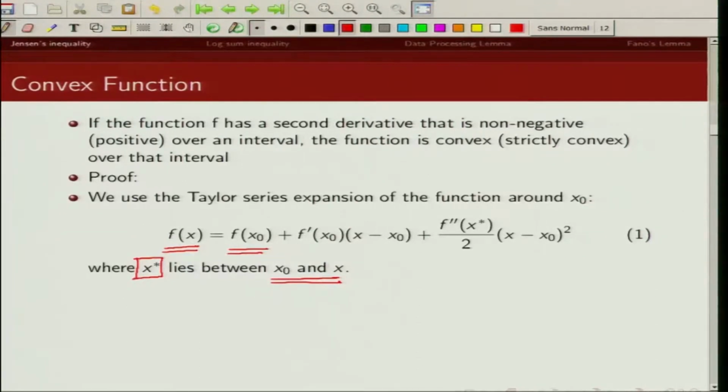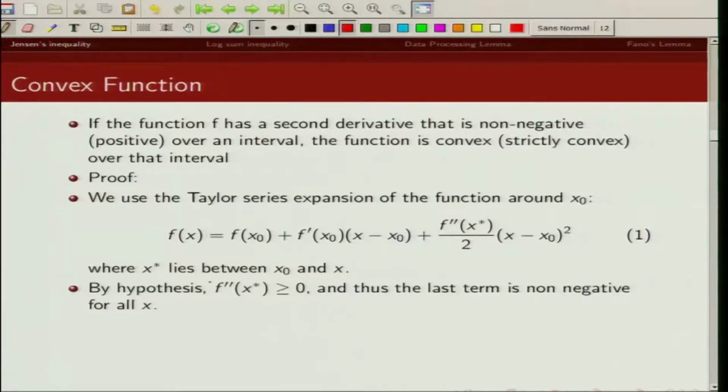Now what am I saying? I am saying for the function to be convex, I want the second derivative to be non-negative. So what I need to show is, if the second derivative is non-negative, then this function f of x is convex. So let us prove it.